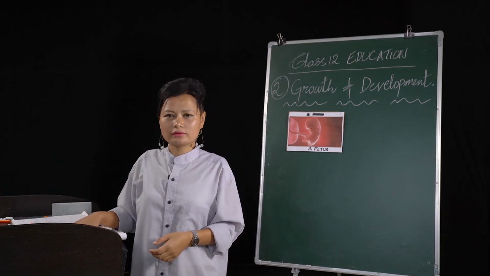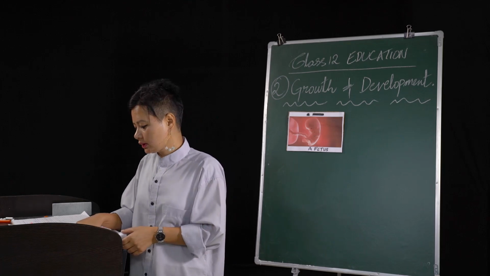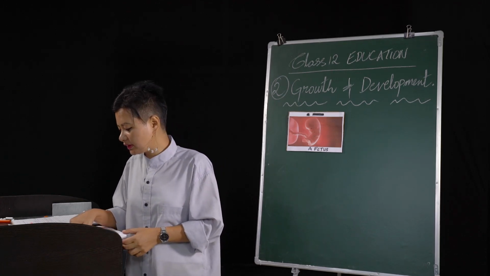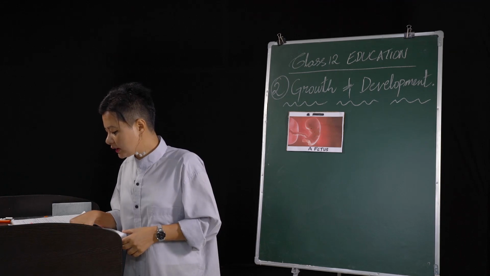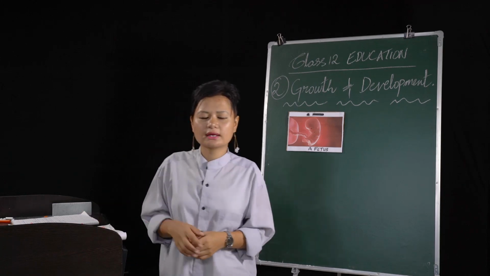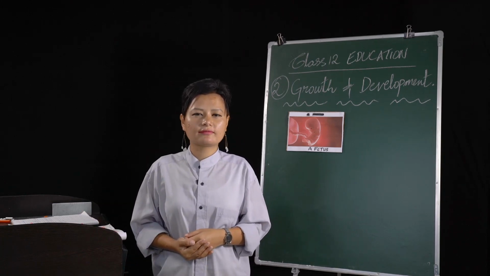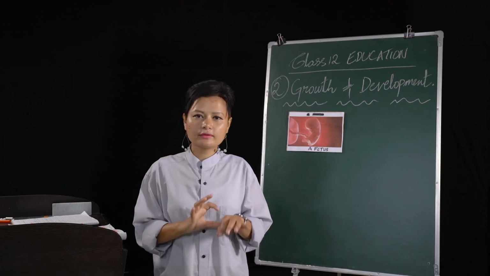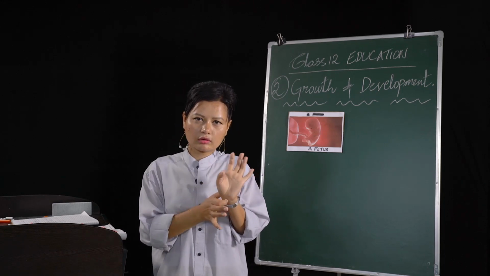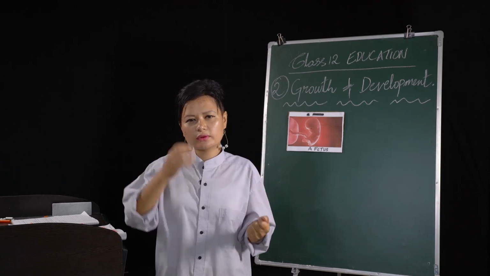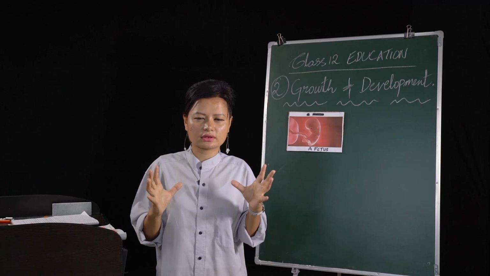Now, let us go into the seventh principle. Development is predictable. So what do you mean by predictable? Here we can say what the child will grow into. So we can say that development is very predictable. Here in the textbook they have given an example. If you look into the x-ray of the wrist of a child, the bones of the wrist of a child, then we can predict into what kind of size that child will grow.